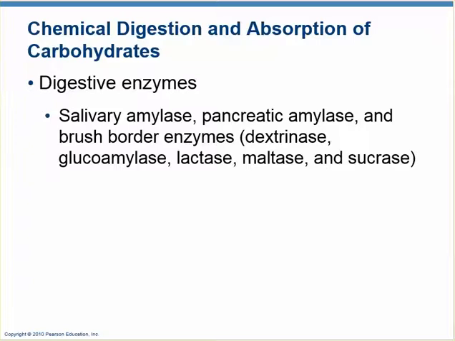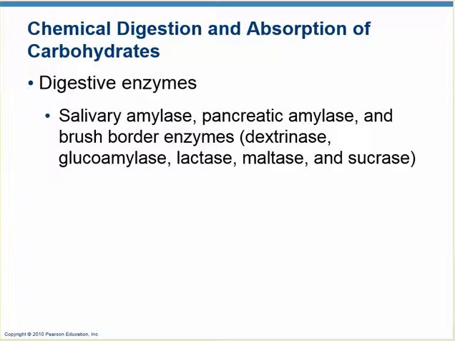So each enzyme is responsible for a different disaccharide. So sucrose is broken down into glucose and fructose by sucrase. Maltose is broken down by maltase. Lactose is broken down by lactase.